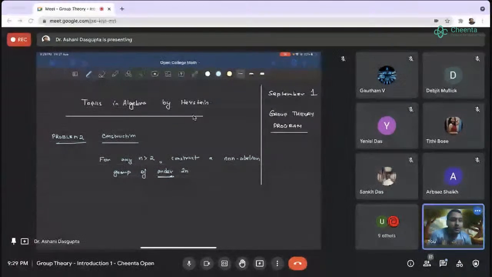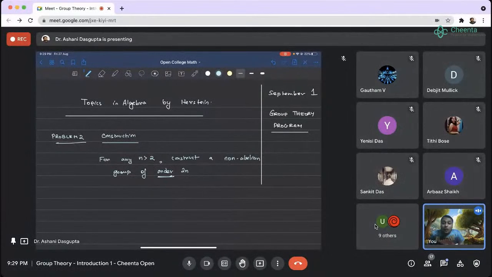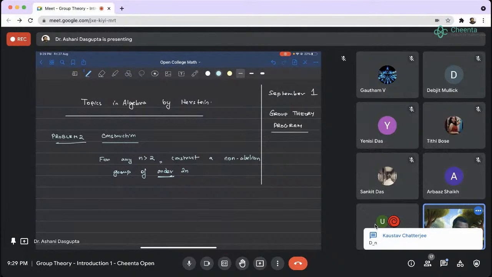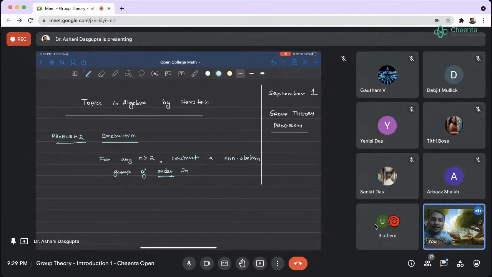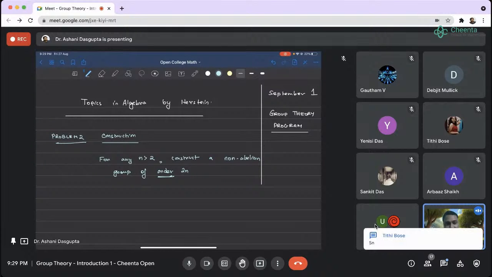Construct a non-abelian group of order 2n. Yeah, so Dn is definitely one example that you can use, but we need a generic construction in the sense.